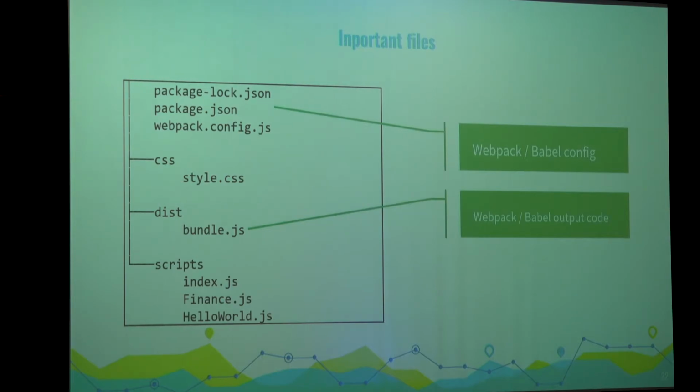The bundle.js is the Webpack and Babel output code. That's the code that's actually loaded when you visit a web page. And everything inside the scripts directory is the React code we actually write. So we write the React code, Webpack takes it, bundles it up, and sends it to the user.